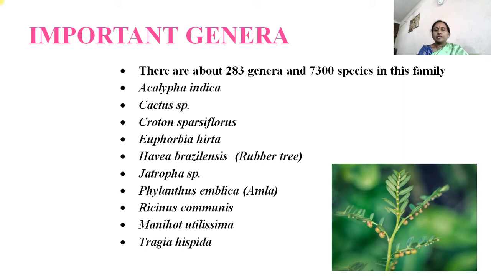These are some of the important genera included in the family. As per the Bentham and Hooker system, there are 283 genera.